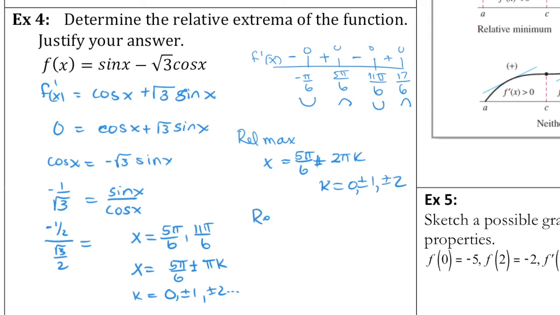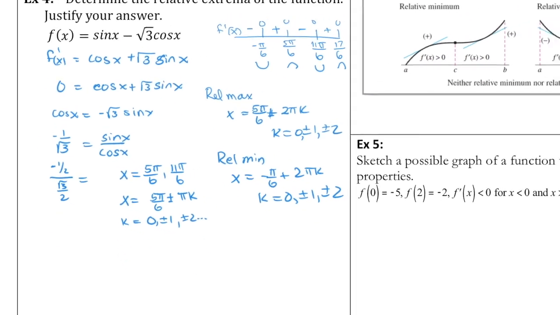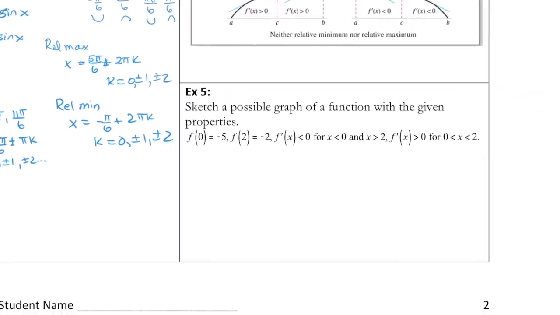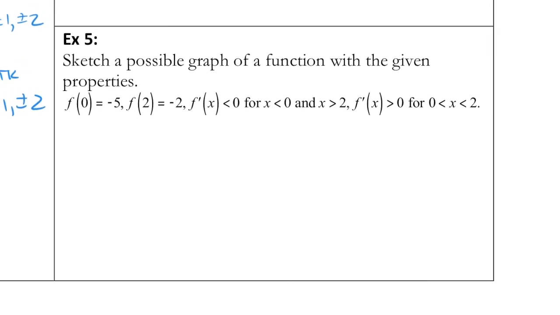And you will have relative mins where x is equal to negative pi over 6 plus 2 pi k, where k is 0, plus or minus 1, plus or minus 2. So quite a few relative extrema with your trig functions.